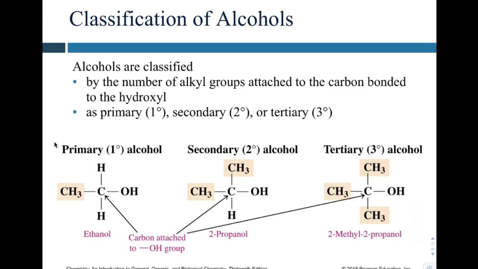Your hydroxyl is going to be pulling electrons, right? Because that O is very electronegative. And so how many electrons is it going to pull from that carbon? If that carbon has other things bonded to it to help even it out, then it becomes a little less positive, and so it becomes a little less reactive.